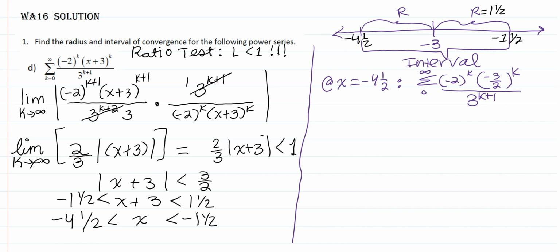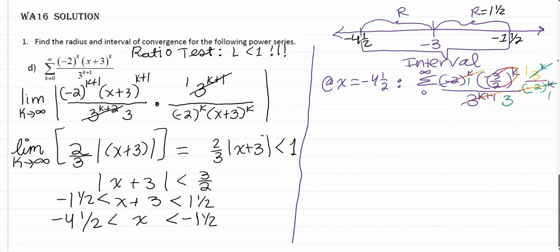Now if we really think about it here, this can be broken into -3 to the k power divided by, I'm going to put the negative with the -2 to the k power. So that's going to cancel out with that. It really is 1, right? When you divide, you get 1. And then 3 to the k power divided by 3 to the k plus 1 power is going to have a 3 left on the denominator and the 1 on the numerator.